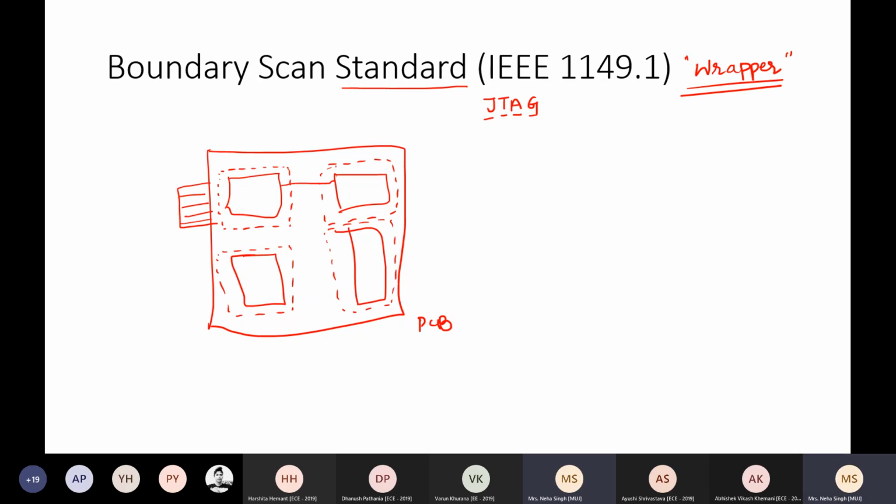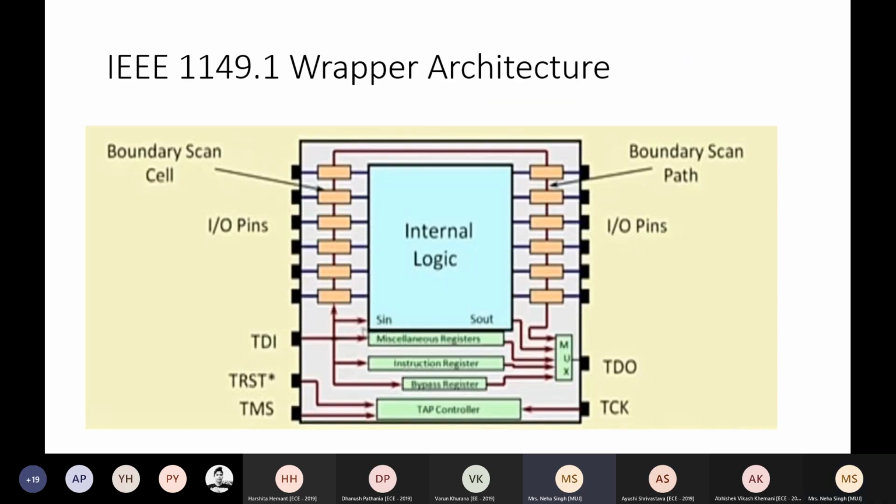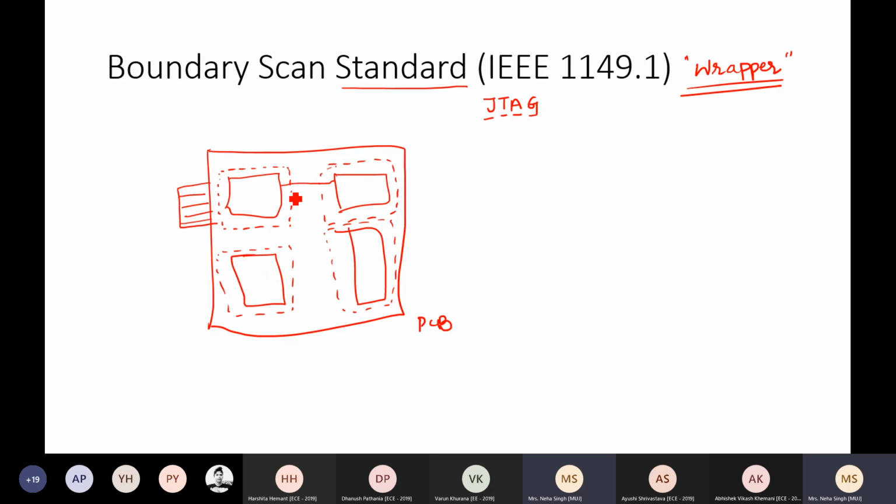The wrapper looks something like this. The wrapper has all the interconnections. The input output pins of my board are connected to the wrapper. Say my signal goes to first IC, IC1, then the connection of IC1 is to IC2. Now this wrapper should have the ability to identify if the testing is required to be done for IC1 or not.